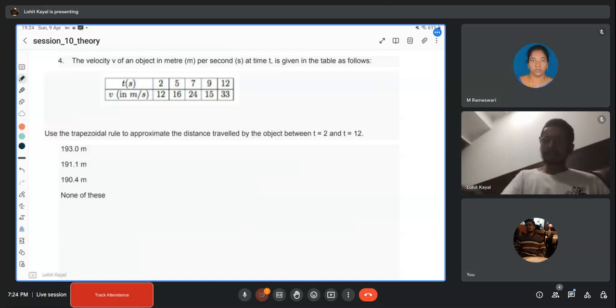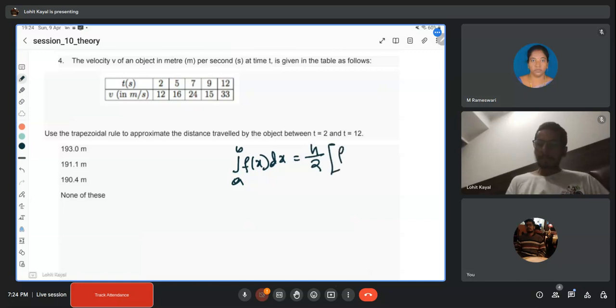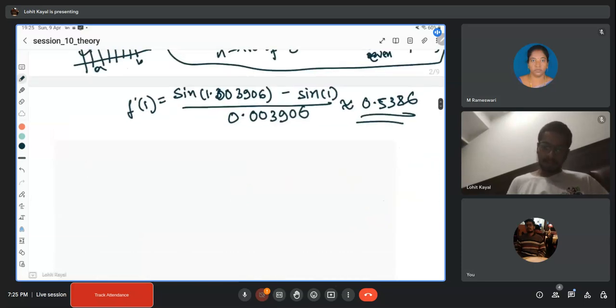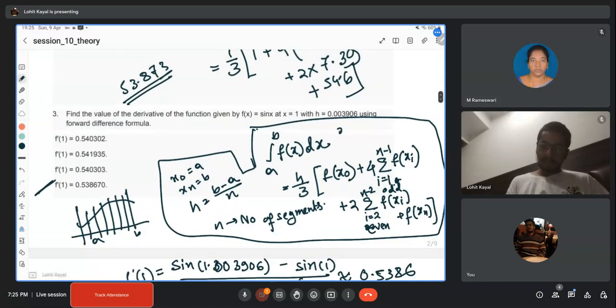The formula is the integral from a to b of f(x) dx equal to h over 2 times f(a) plus f(b), plus the sum of i equal to 1 to n minus 1 of f of a plus i h. Unlike Simpson's rule, this formula is pretty straightforward. I forgot to mention that here xi equals x naught plus i times h.